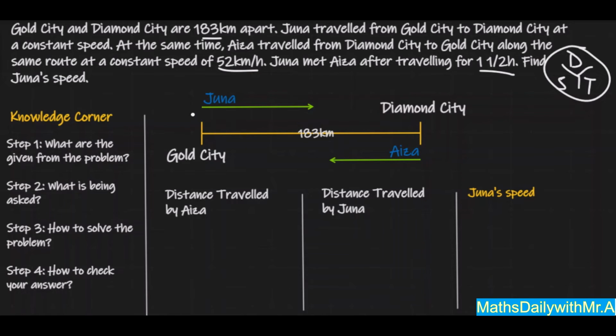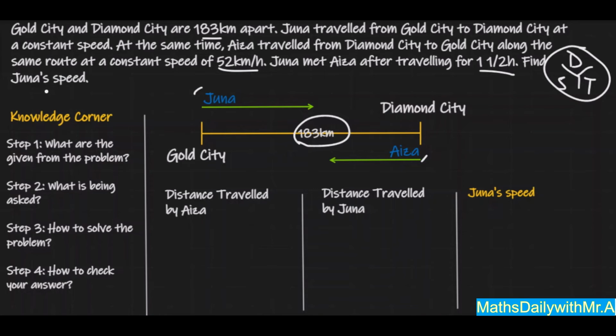So in this problem, Juna and Isa are traveling in opposite directions. So Juna is traveling from Gold City to Diamond City, while Isa was traveling from Diamond City to Gold City. In other words, they're going to meet somewhere in the middle. It depends on their particular speed. The distance between Gold City and Diamond City is 183 kilometers.